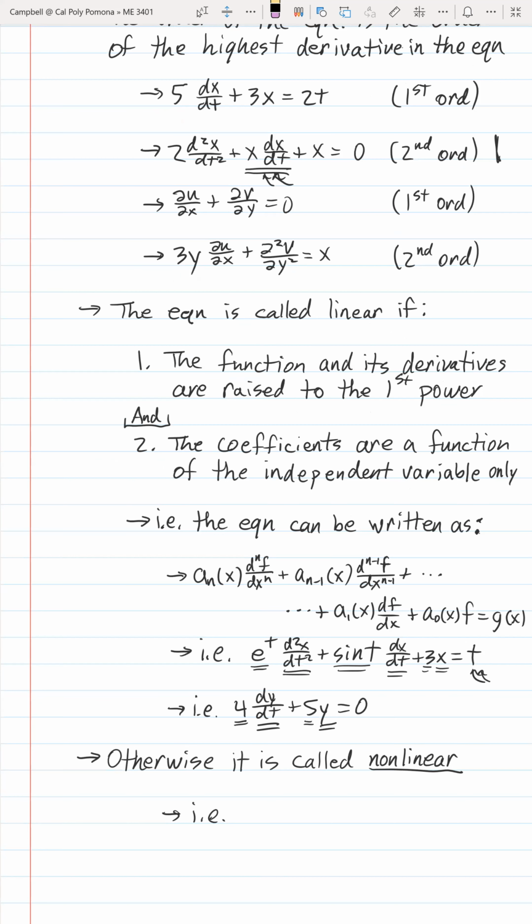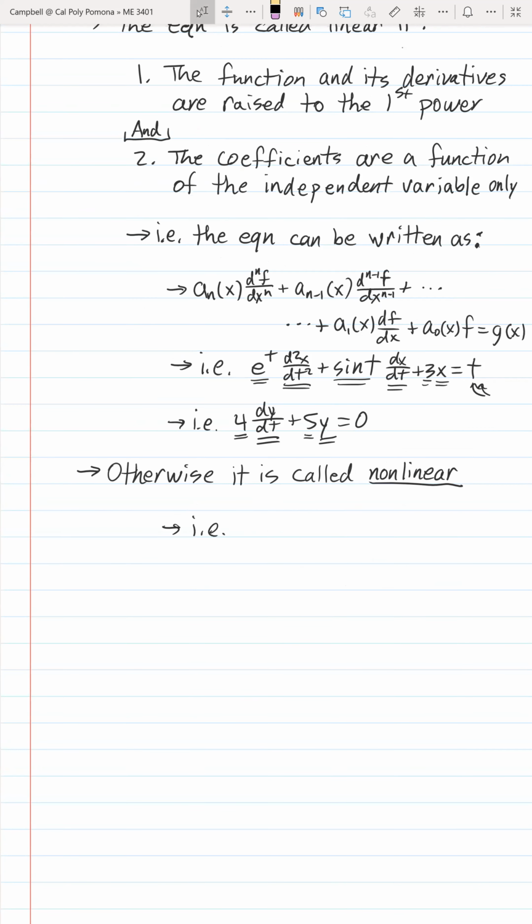Another form of a nonlinear differential equation is dy dt plus 5y squared is equal to 0. And clearly we fail because y is not raised to the first power. Another one would be y dy dt, echoing the one that we had above, times 5y is equal to 3t.